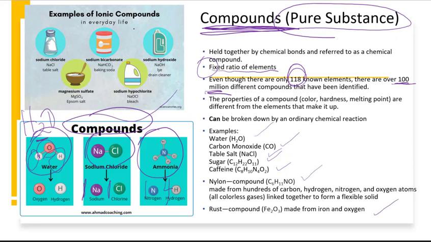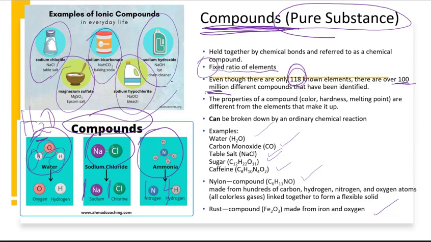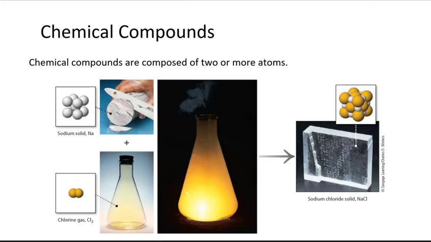Here's some everyday examples of compounds. The sodium chloride, sodium bicarbonate, which is baking soda, Epsom salt, which is magnesium sulfate, sodium hypochlorite, which is bleach, sodium hydroxide, which is used as a drain cleaner. Here's another well-known example showing that chemical compounds are composed of 2 or more atoms.